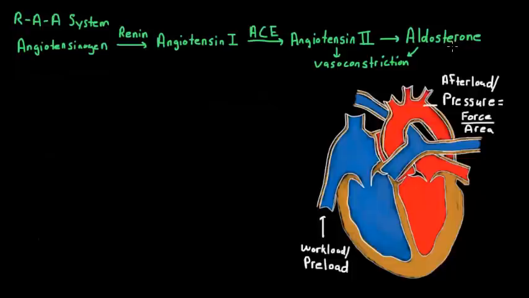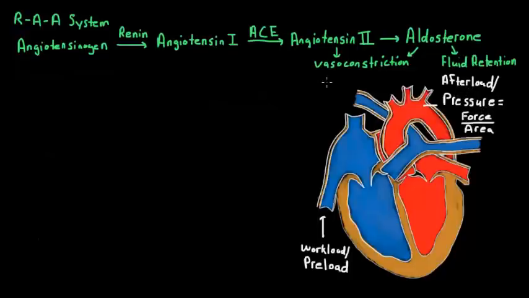But aldosterone has another effect, which is fluid retention. Okay, and when we retain fluid in the circulatory system, we are effectively increasing the force on the vessels of the circulatory system. Because remember, the fluid is going to exert a force on those vessels. So if we retain fluids, we're going to increase the pressure in the circulatory system.